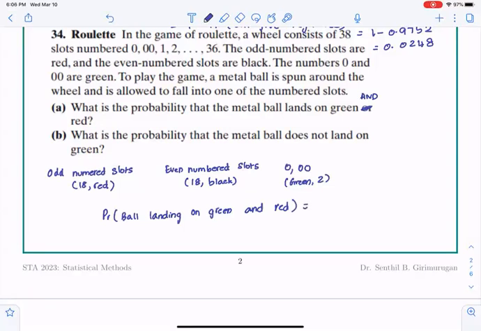There is only one ball that's going to be spun around the wheel. So that ball is either going to land on the green slot or it's going to land on the red slot, but it can't land on both of them. So the probability would be 0.